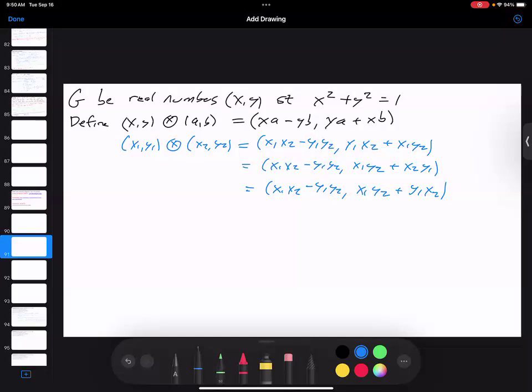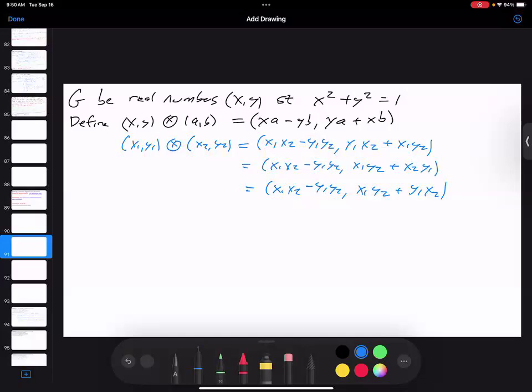What's the difference between the first blue line and the second blue line? Is there any difference going from the first line to the second line? What did I do? So are they the same or are they different?